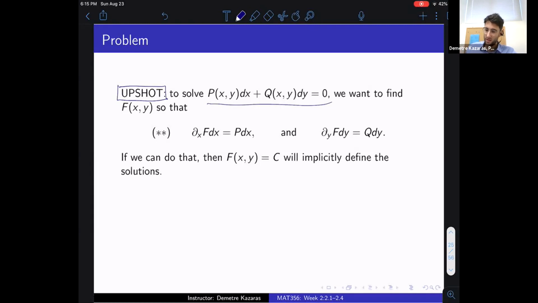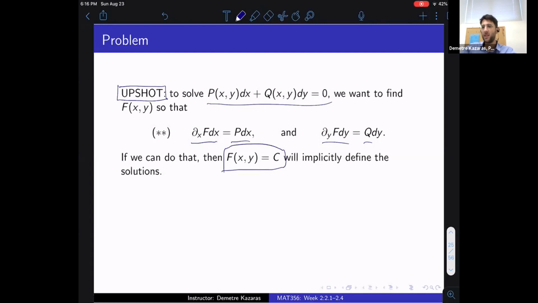In other words, the partial derivative of F with respect to x is equal to P, and the partial derivative with respect to y is equal to Q. If we do so, then the equation F of x, y equals a constant will implicitly define the solution of the differential equation.